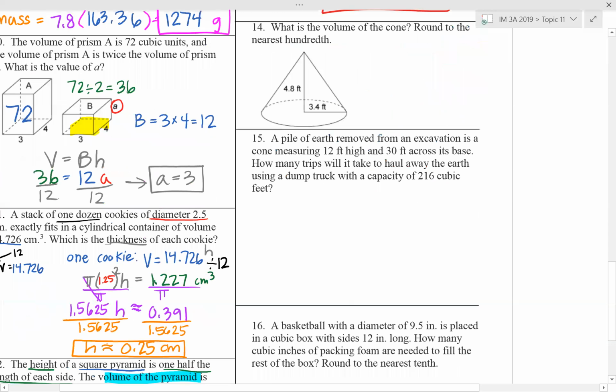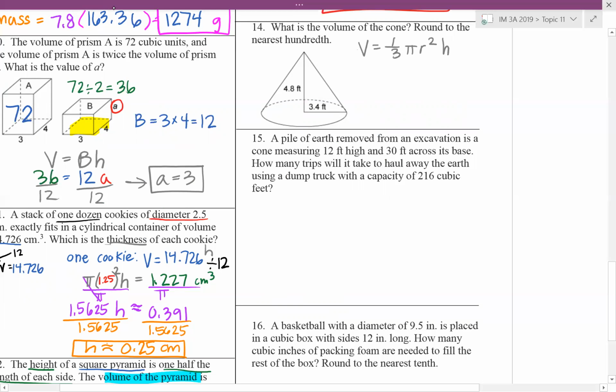For 14, we have a cone, and this is a straightforward problem, even more straightforward because we're given everything that we need. On the other side of the paper, the volume formula for a cone is 1/3 pi r squared h.